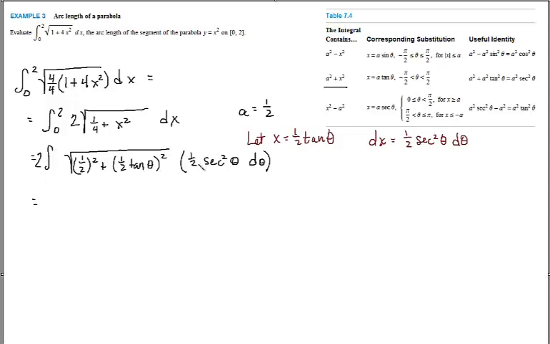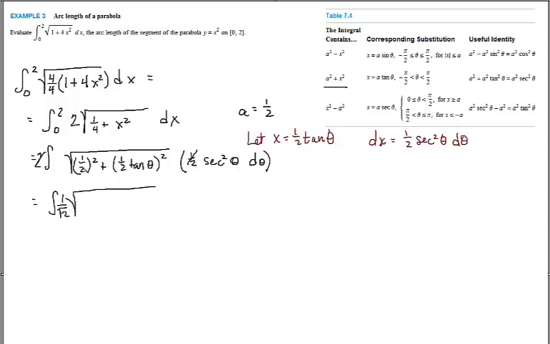This 1/2 is going to go out front, so you're going to cancel there. This is going to end up as the square root of, the 1/2 can actually be factored out, so it's going to be 1 over the square root of 2.